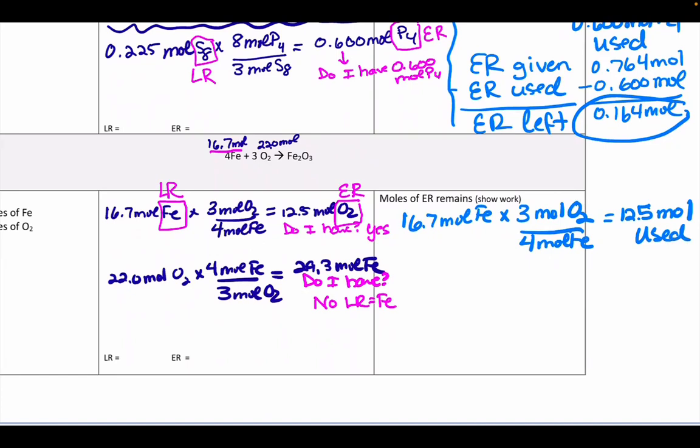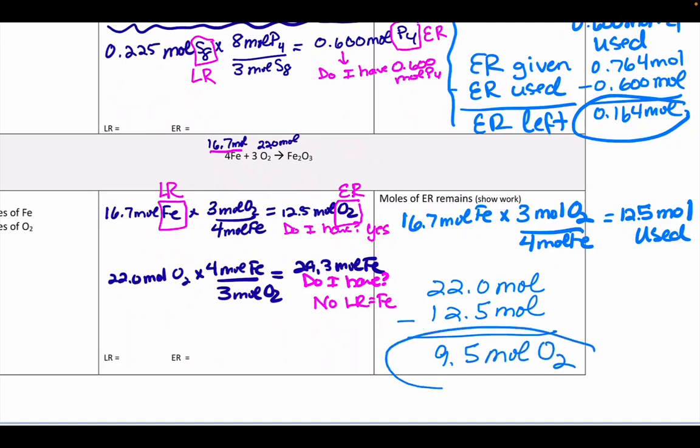So then that's how much I'm going to use, 12.5 moles. So I'm going to take my beginning amount of moles that's given in the question and subtract the amount that's going to really react or be used. And then that is how many excess leftovers there are.